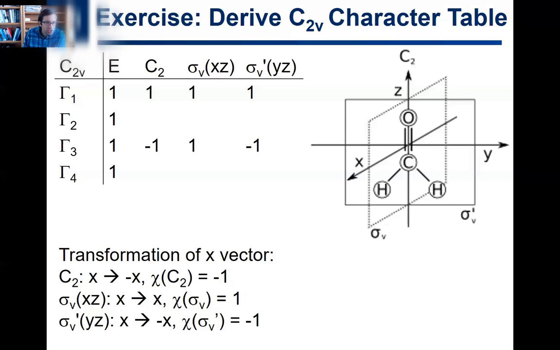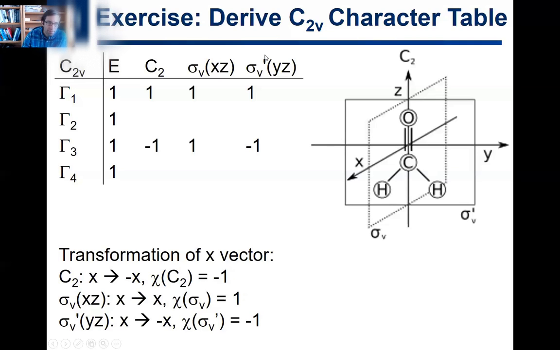An easier way to start out a lot of times is to think about transforming some vector. You can use x, y, z, x times y, y times z, x squared, y squared, y cubed. So you can think about different functions and how they transform.